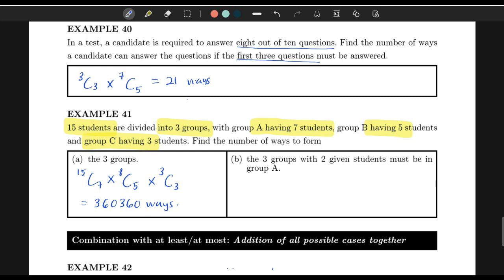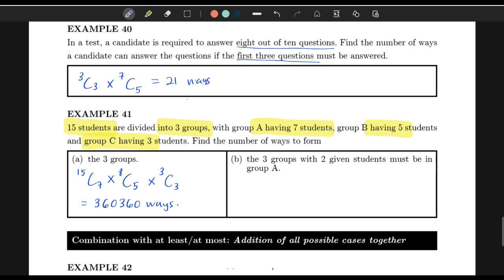Next, for question B. The 3 groups with 2 given students must be in group A. So we have to form group A members first.